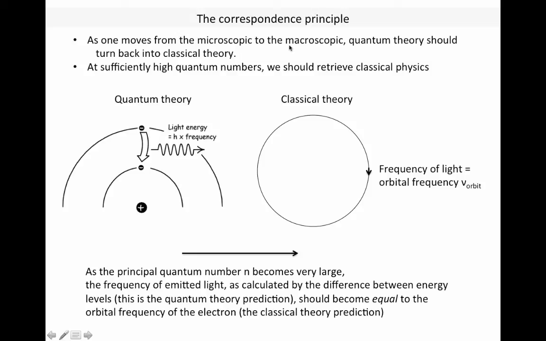Finally, Bohr introduced the correspondence principle, which is very important philosophically as well as practically for the theory. The basic idea is that when we have to come up with a new theory of physics or science in general, that new theory can't overturn everything that has already been known.